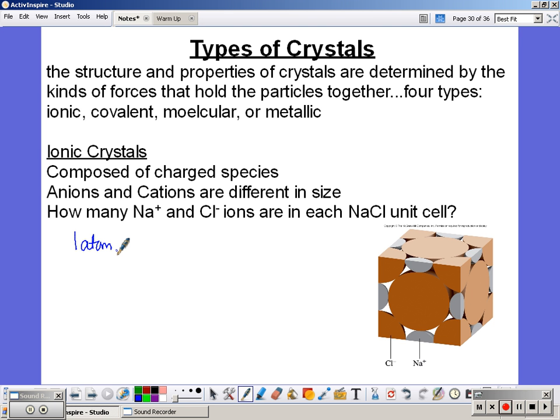Each chlorine is also on the face of the cell, so that is 6 faces, and they contribute half, so that is 3 atoms total. So there are 4 chlorine atoms, or chloride ions, for each unit cell.